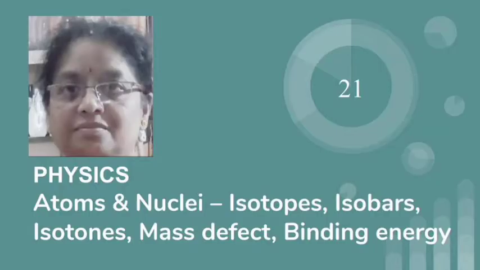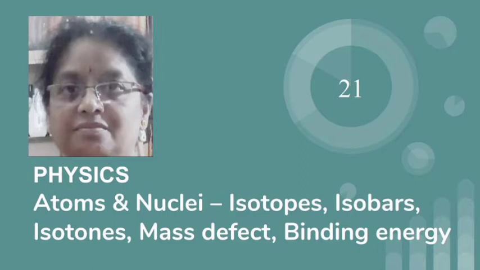Now we consider the mass defect. It has been observed that rest mass of a nucleus is always slightly less than the sum of the rest masses of its constituent particles, that is free neutrons and protons. This difference between the sum of the masses of free neutrons and protons with the rest mass of the nucleus is known as mass defect.